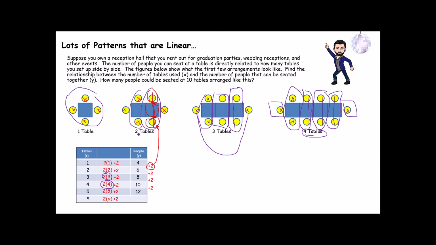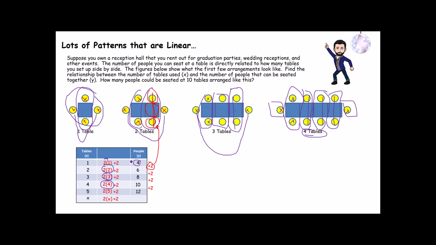This is 2 groups of 2 plus the 2 on the ends. So when I get to table 1, what really is happening is we're saying this one table provides for 2 people plus the 2 extra on the end.